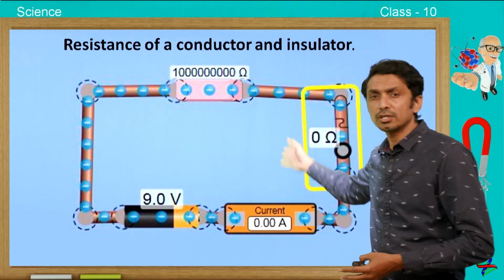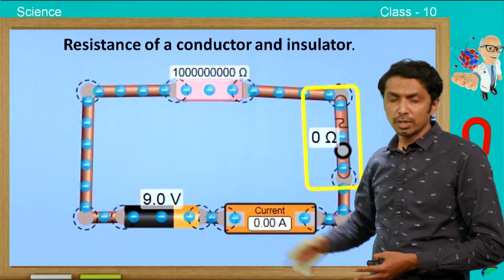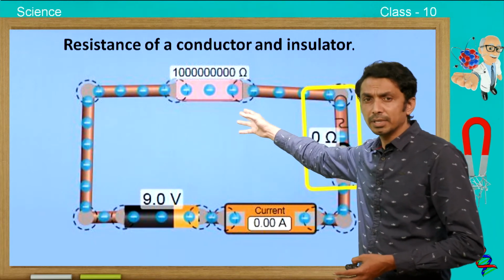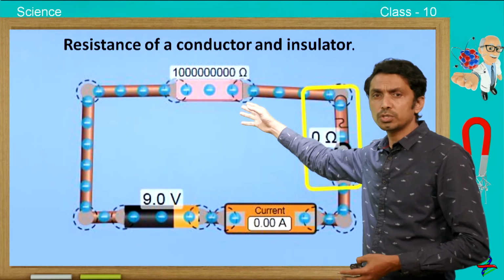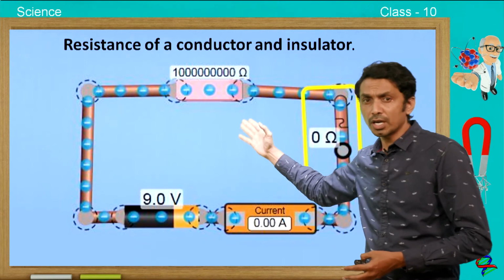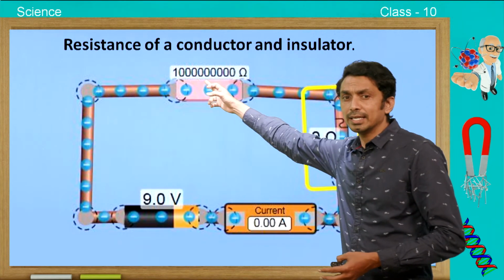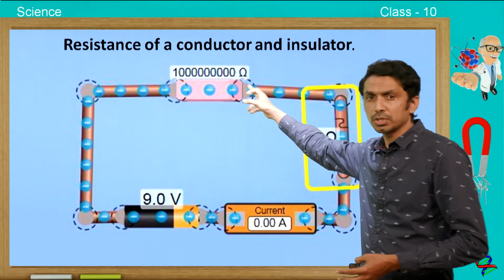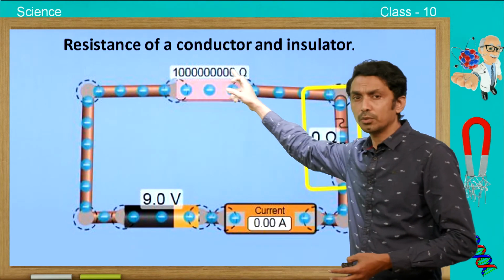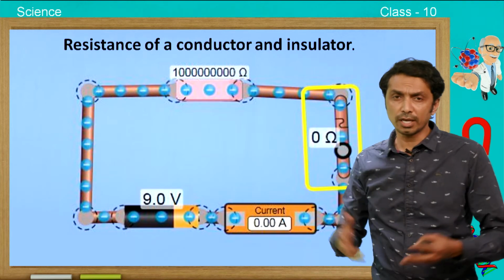The electrons did not flow at all. So that means this rubber puts a huge amount of resistance to the flow of charges. As you can see, that value is very huge. It is that many ohms, one followed by so many zeros. You can also count them.